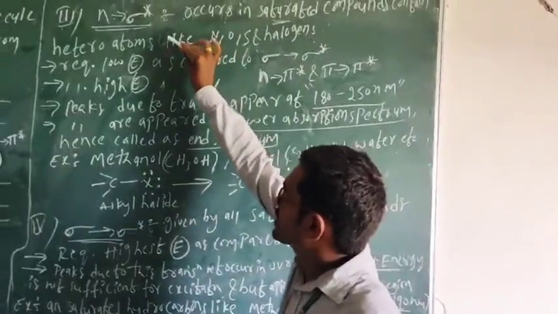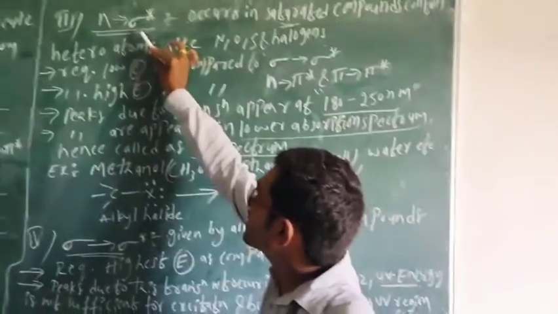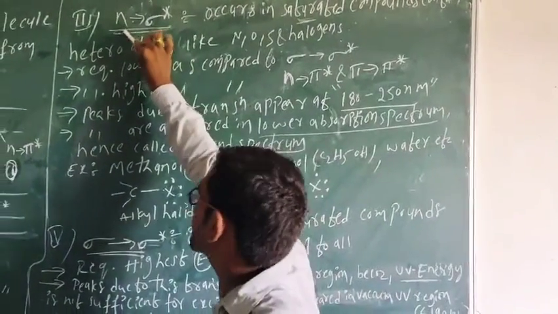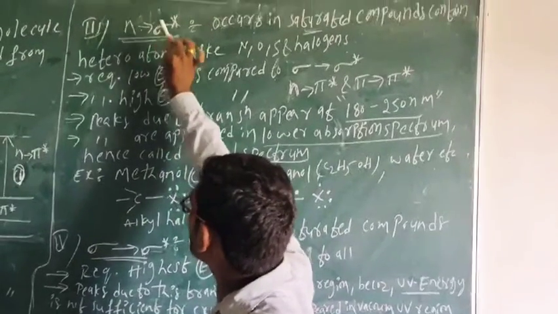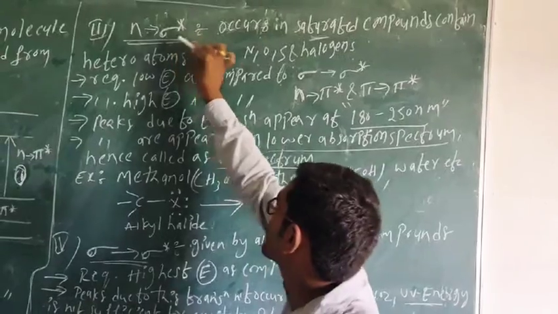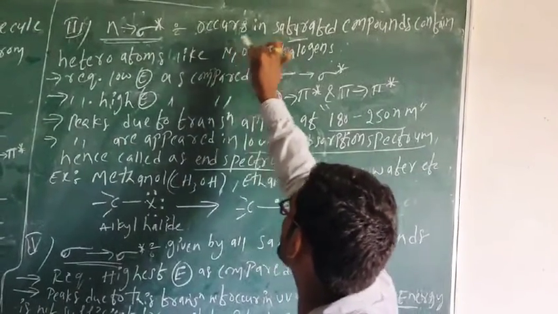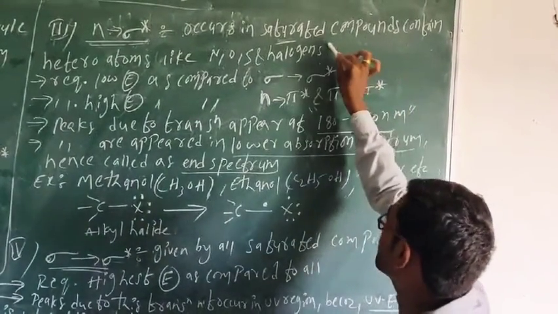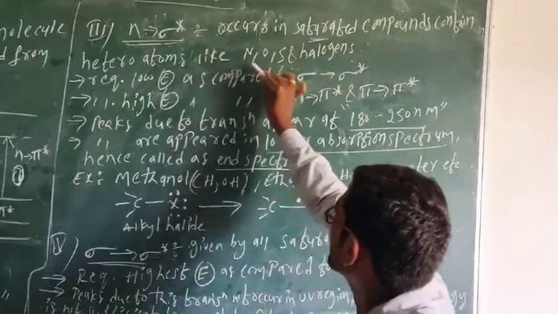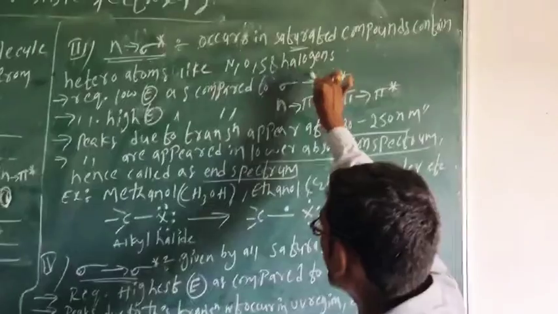The third kind of electron transition in UV-visible spectroscopy is the n to sigma star transition, where a lone pair of electrons undergoes transition towards sigma star. As the name suggests, it occurs in saturated compounds, meaning sigma bonded compounds, containing heteroatoms like nitrogen, oxygen, sulfur and halogens.